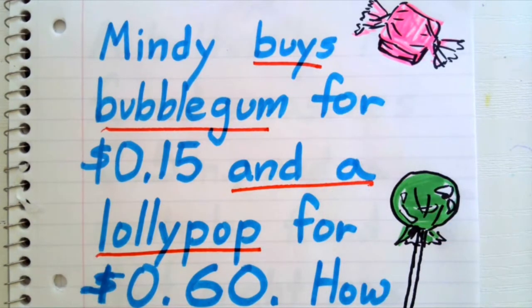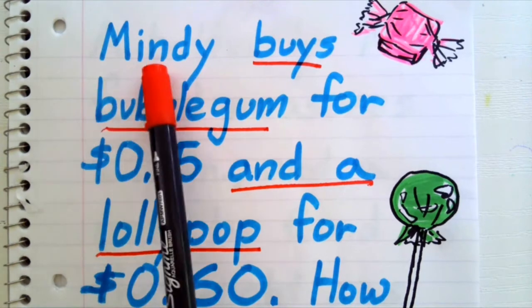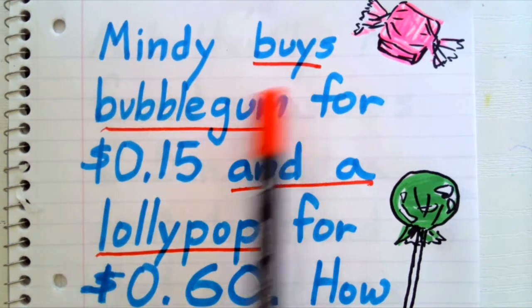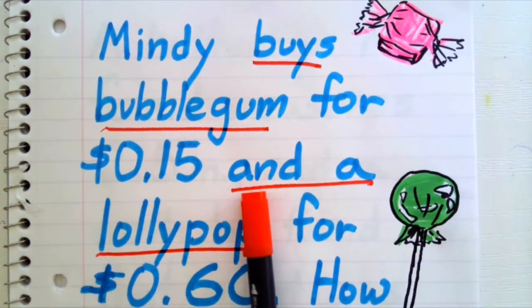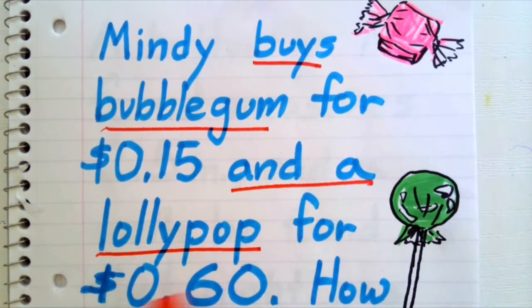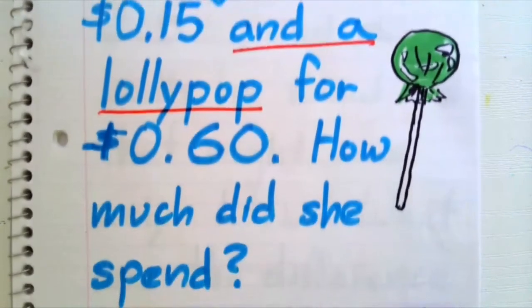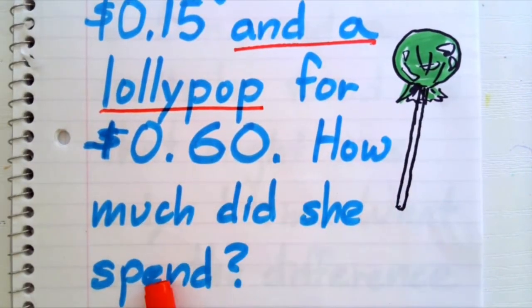What is this problem asking us? Let us read it one more time to find out. Ready? Begin. Mindy buys bubblegum for 15 cents and a lollipop for 60 cents. How much did she spend? What is the question we are trying to find out?